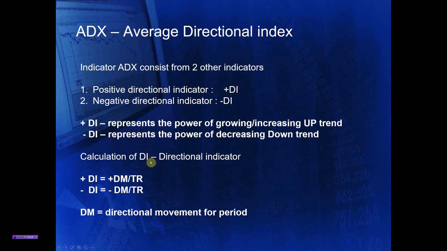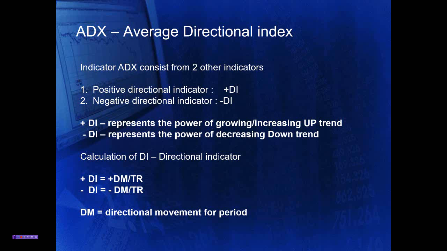Calculation of directional indicators plus DI and minus DI. Plus DI is something that we call directional movement divided by true range. The plus directional movement means you take the current high minus previous high, compared to previous low minus current low. That's how you get a directional movement.